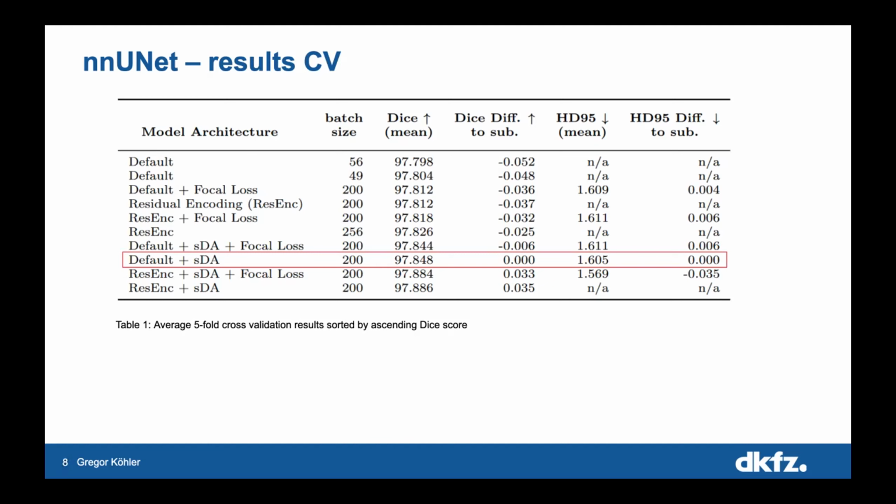Now for our final submissions, this is in red. You can see what we used as the first submission, which is just the default nnU-Net with some stronger data augmentation.